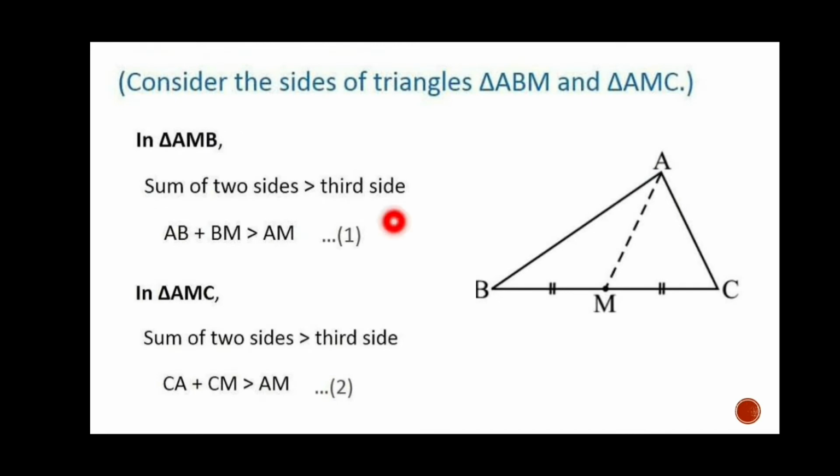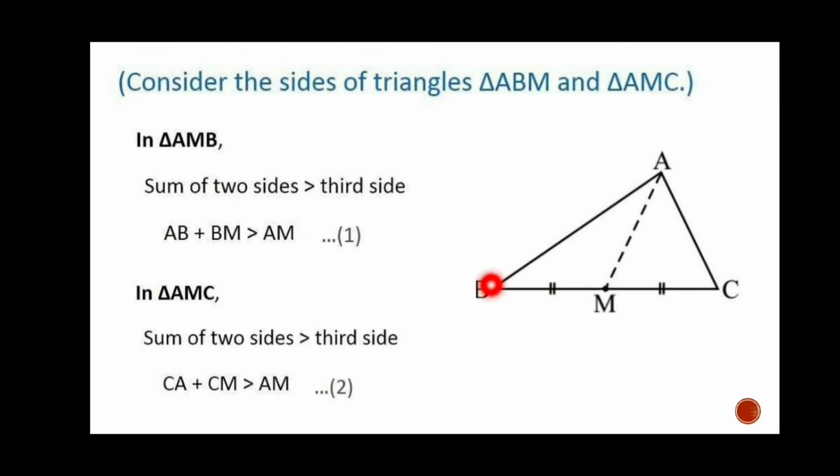Now we will consider the triangles ABM and AMC. In triangle AMB, we need AM as the third side, because in the proof we have to show that twice AM is less than the sum of the sides of the triangle.